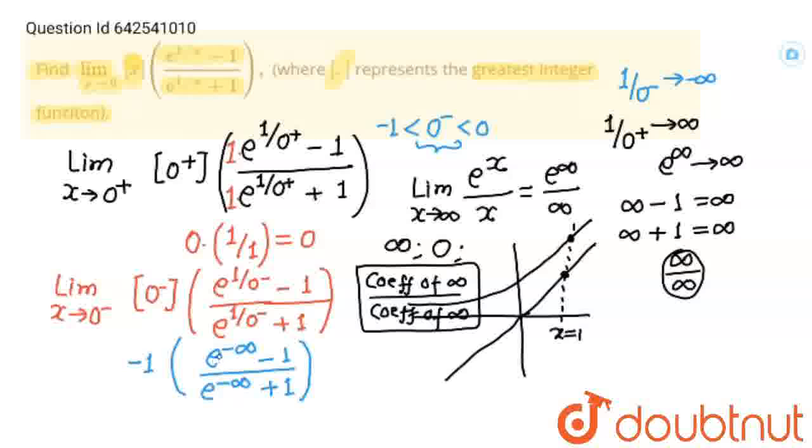What I am going to do is write e to the power minus infinity as 1 upon e to the power infinity. So this will become minus 1 into 1 upon e to the power infinity minus 1, whole upon 1 upon e to the power infinity plus 1.